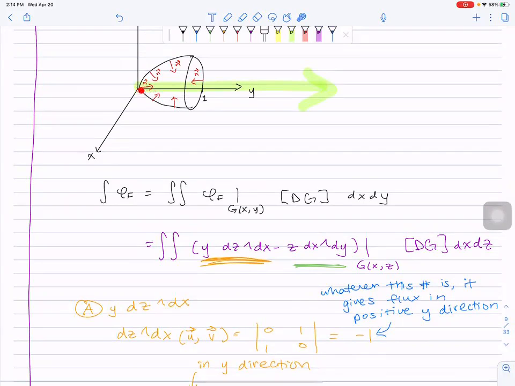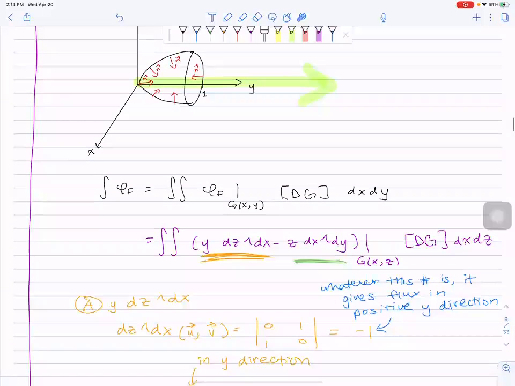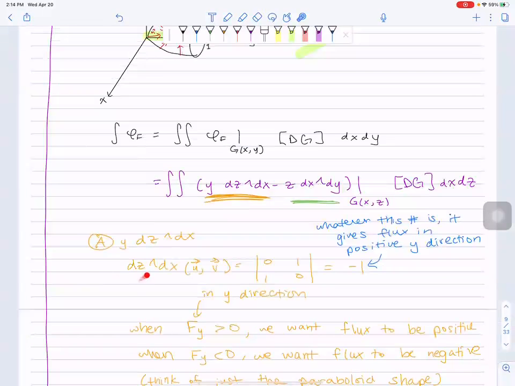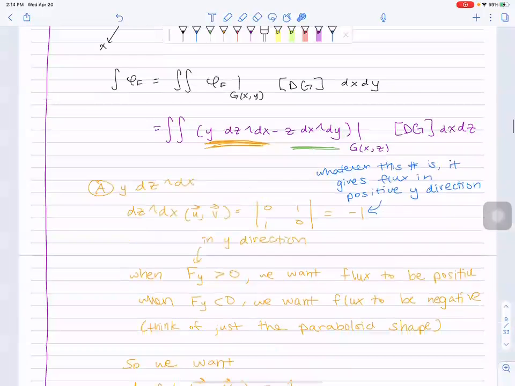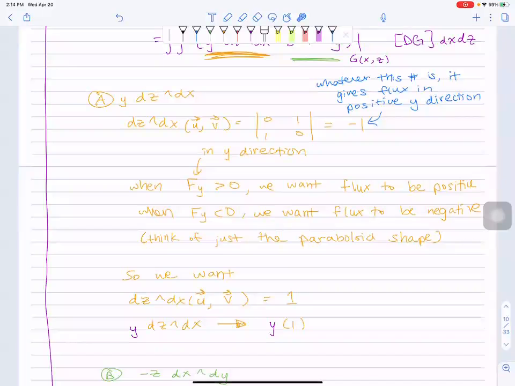So if we were going in the positive y direction, our flux should be positive, not negative. So it turns out that instead of dz wedge dx being -1, we're going to make it be 1 instead. So we flipped a negative sign. We made it negative because it was in the wrong orientation.